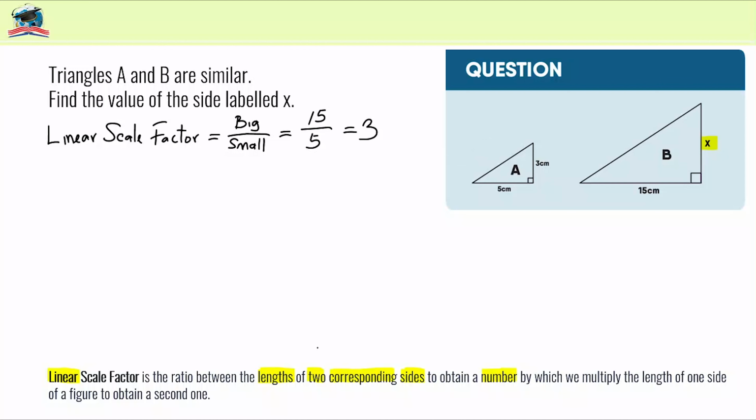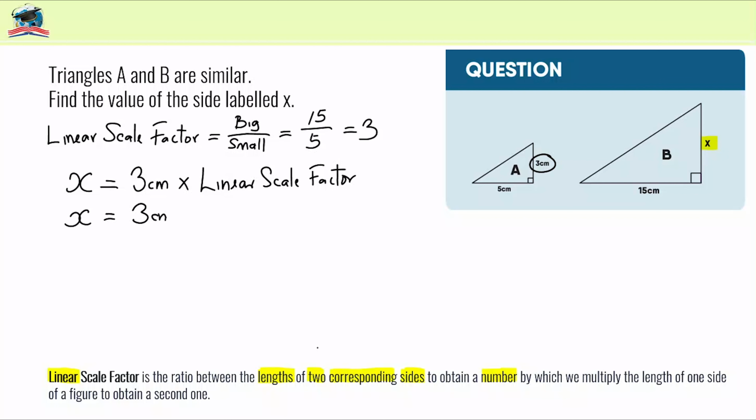We take this side here, which is 3. So x will be, we go to the smaller one, which is 3 centimeters, and multiply it by the linear scale factor. So here our x will be what?